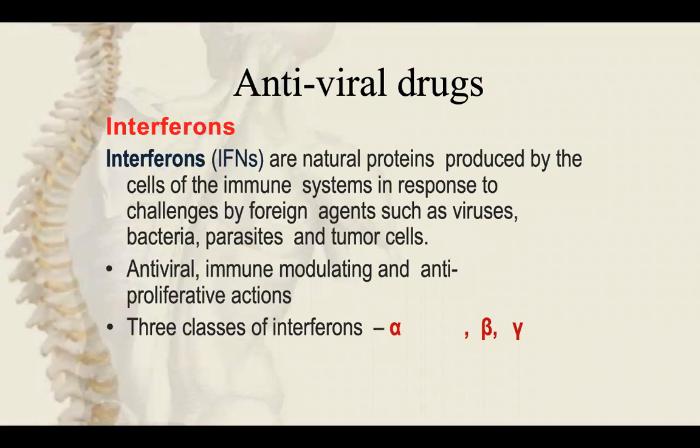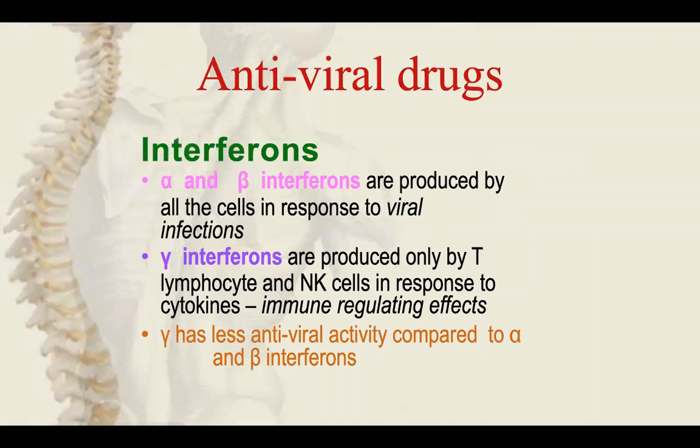Interferons are natural proteins produced by the cells of the immune system in response to challenges by foreign agents such as viruses, bacteria, parasites, and tumor cells. They have antiviral, immune-modulating, and anti-proliferative actions. The three classes of interferons are alpha, beta, and gamma.